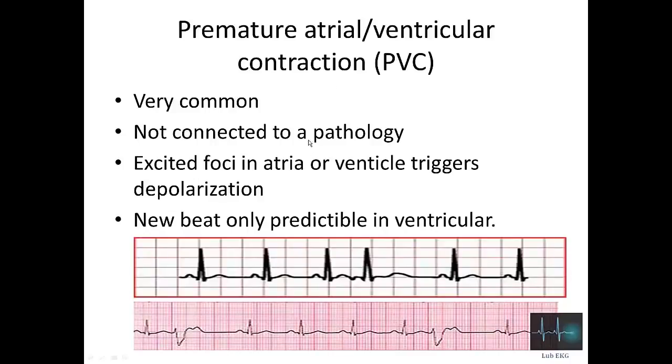These are not connected to any pathology, and it basically means that one of the cells in the heart, either in the atria or ventricle, sends out a signal that depolarizes the heart, starting not from the SA node, but from the point where it originated. If we just apply the golden rule to these two strips right here, can you guess which one is originating from the atria and which one is from the ventricle?